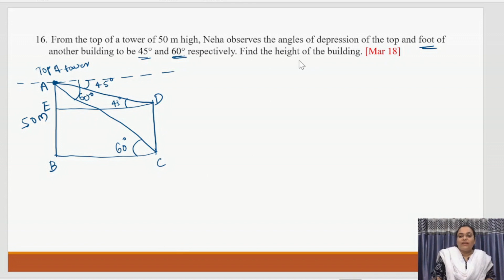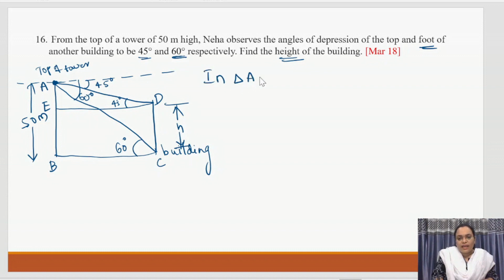Clear? So we need to find the height of the building. This is the building. So let us take triangle A, E and D. In triangle AED, the height of the tower is 50.